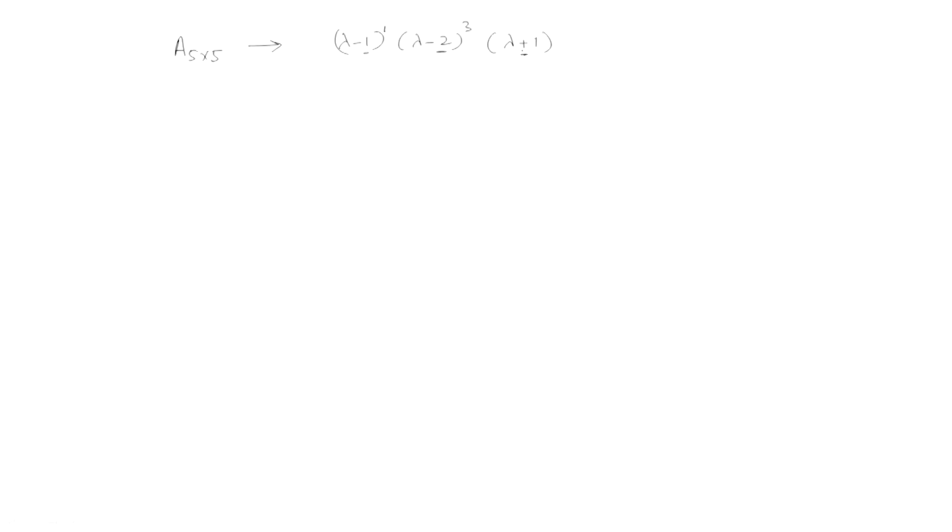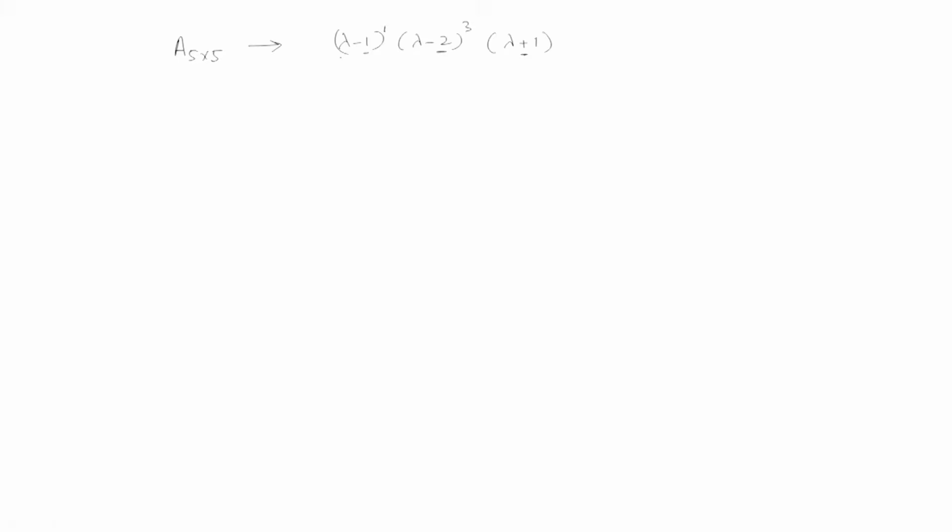So, algebraic multiplicity corresponding to lambda equal to 2 is 3. Again lambda equal to minus 1 is repeating one time, so algebraic multiplicity for lambda equal to minus 1 is 1. So, algebraic multiplicity corresponding to a lambda is nothing but the number of times that lambda repeats.